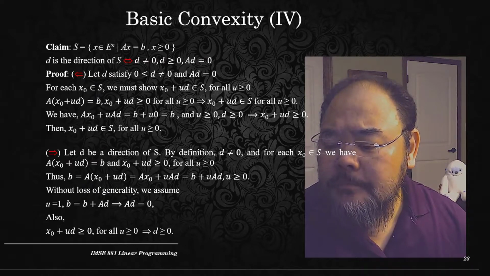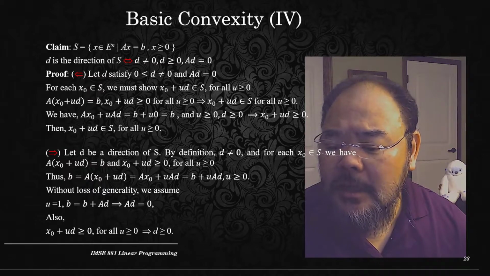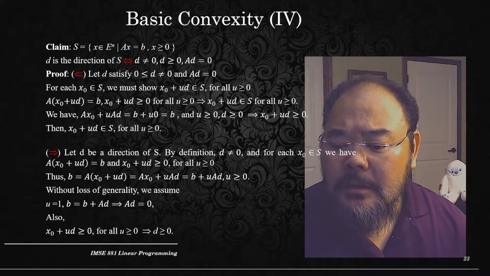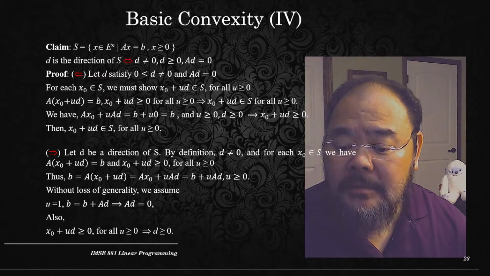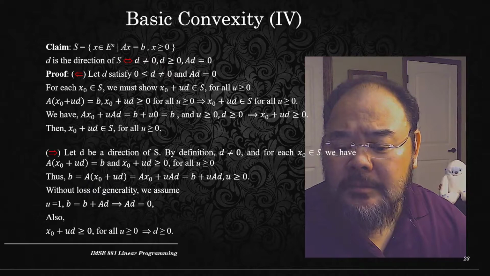Therefore, B equals A times x naught plus u times A times D. A times x naught equals B, and u is not necessarily 0 but can be a positive value. Therefore, A times D equals 0.